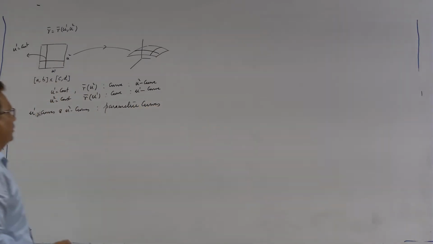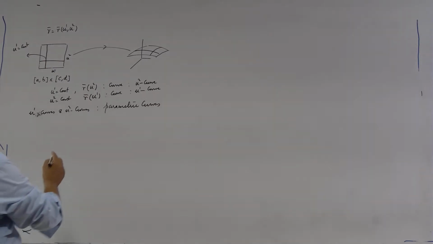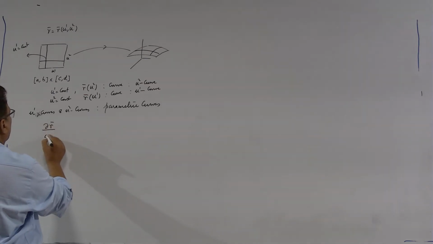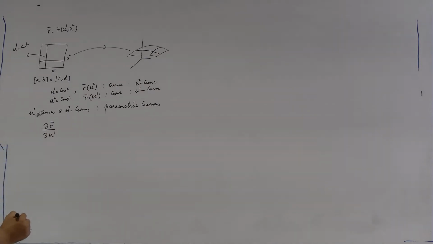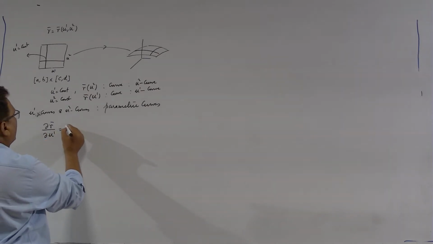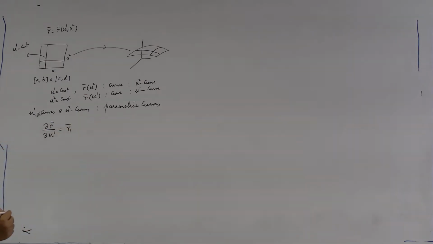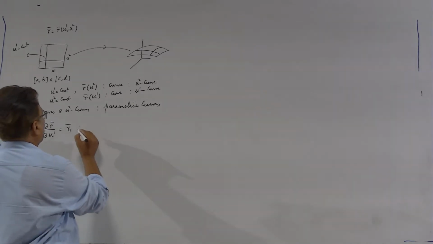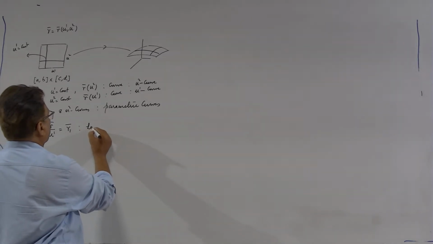We learnt about parametric curves in our last lecture. Now, if you consider the derivative of the vector valued function r with respect to u1, this derivative we denote by r1. From the idea of u1 curves and u2 curves, you can realize that r1 is a tangent vector to the u1 curve.